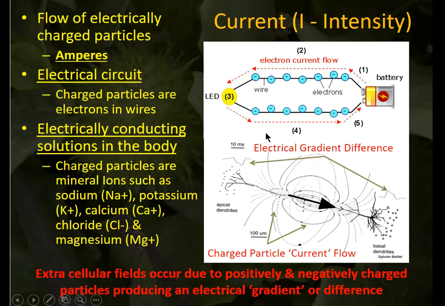In electrically conducting solutions in the body, we have again mineral ions traveling from one place to another and developing gradient concentrations that are different from one point to another, causing an electrical charge difference and producing an electrical field or electromagnetic field. And again, we can measure this electromagnetic field from the scalp surface. And again, those charged particles are mineral ions such as sodium, potassium, calcium, chloride, magnesium, and so on.